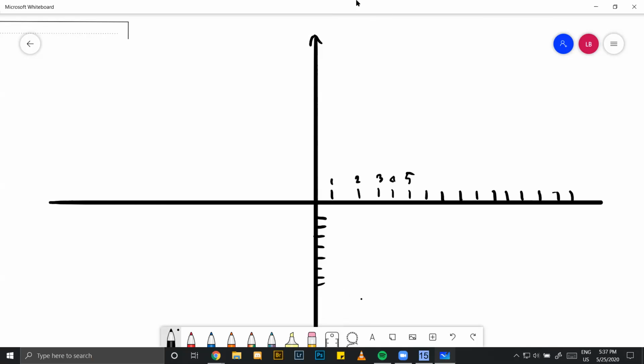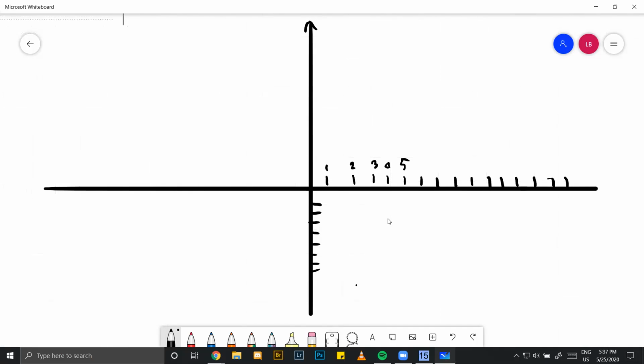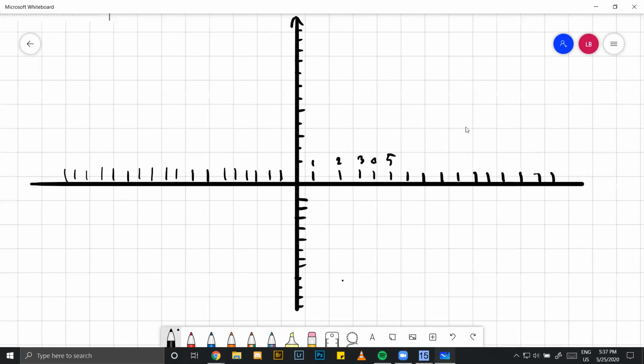Why is it there? Obviously, this is way easier on graph paper than doing a whiteboard. And yeah, I'll just try and find now how to graph it.